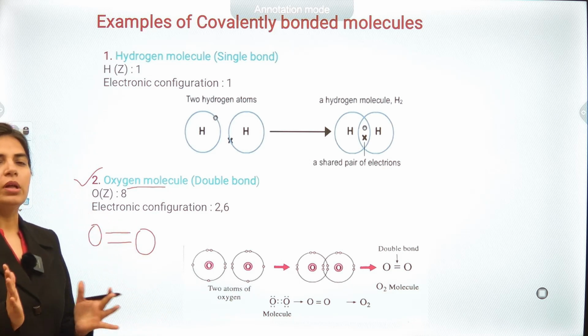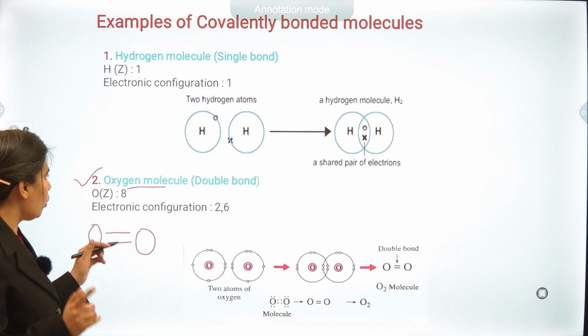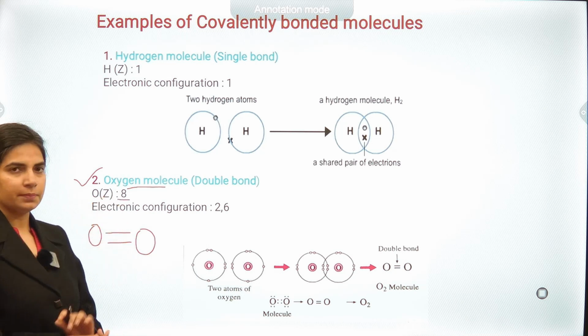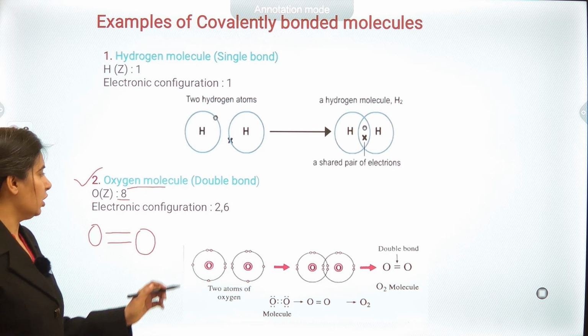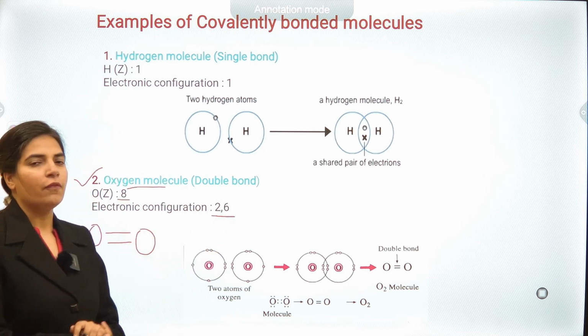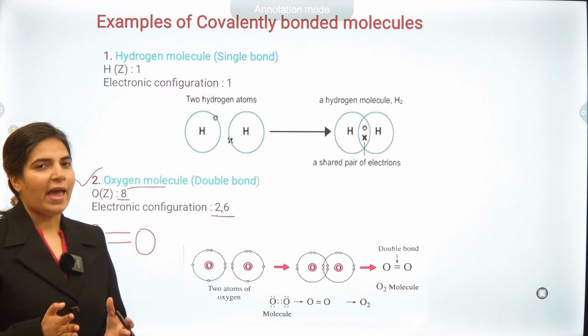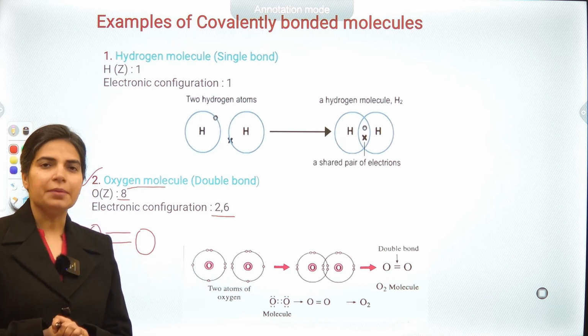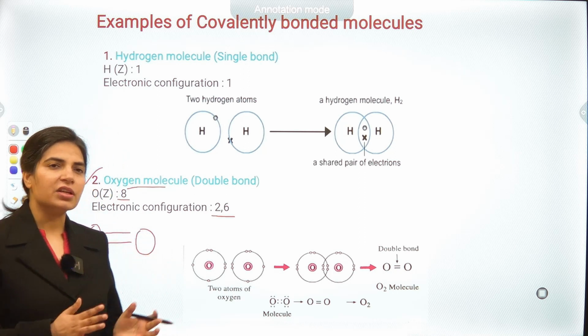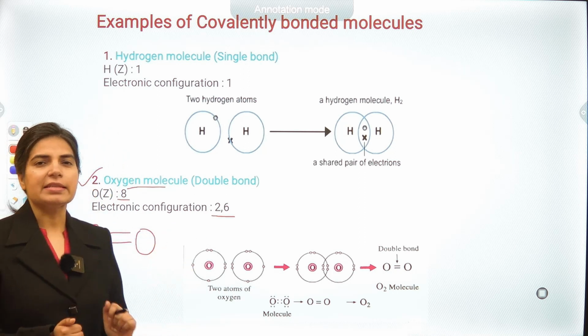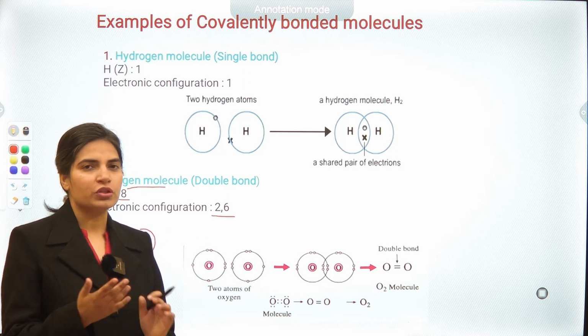The atomic number of oxygen is 8. And the electronic configuration for oxygen is 2 and 6. It means oxygen has 2 electrons in the inner shell and 6 electrons in the outermost shell.